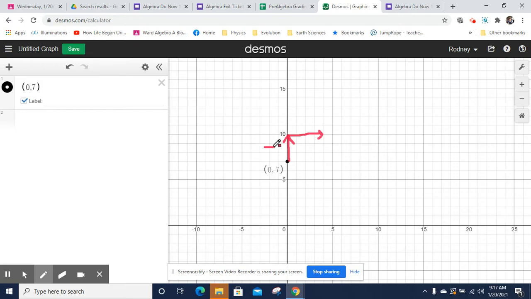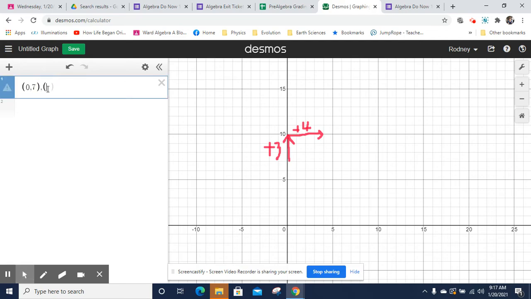So we went up 3 from there and over 4. And what we'll end up with is this point right here. It's going to be over 4 from 0, so that's a 4. Up 3 from 7, so the y will be a 10. So we can plot that extra point.